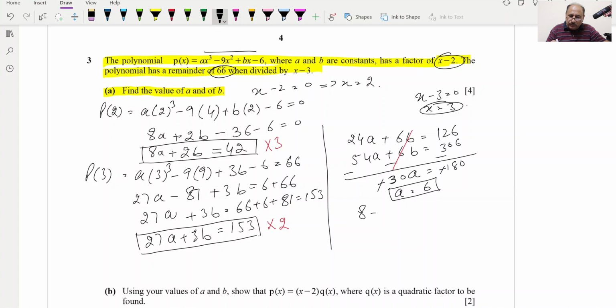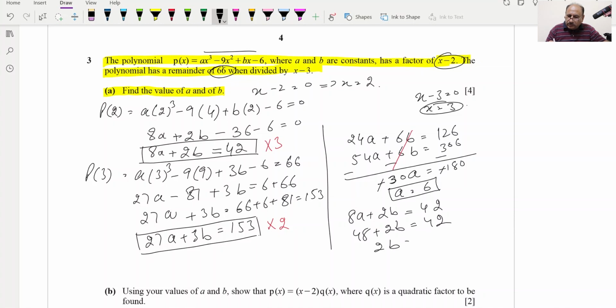So 8a plus 2b is equal to 42. So this will be 8 times 6 are 48 plus 2b is equal to 42.